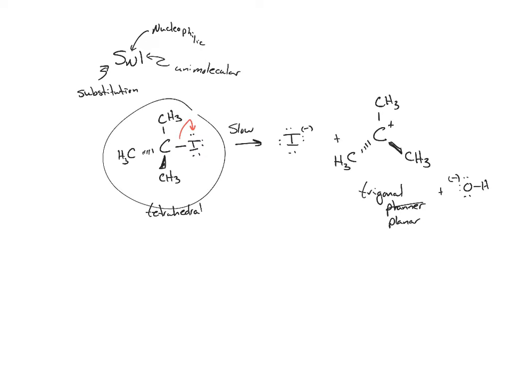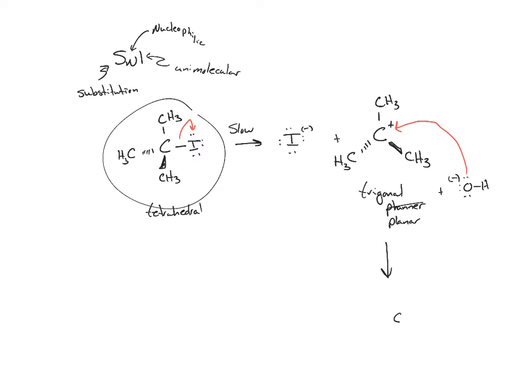Does it really make a difference what side it attacks in this one? No, it'll actually be the exact same thing because that's not an asymmetric carbon we're attacking. It will be later on. So these electrons attack at that carbocation to form an oxygen-carbon bond. This is a fast step.